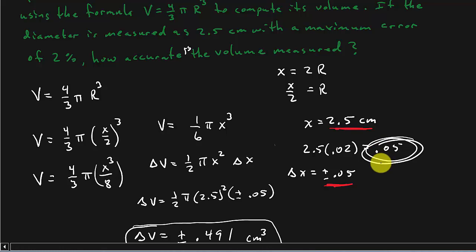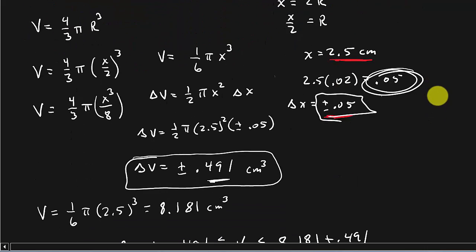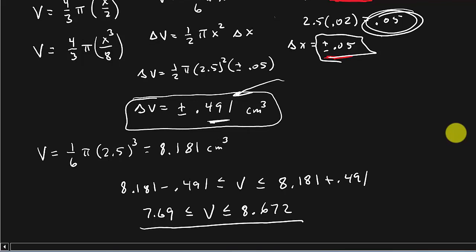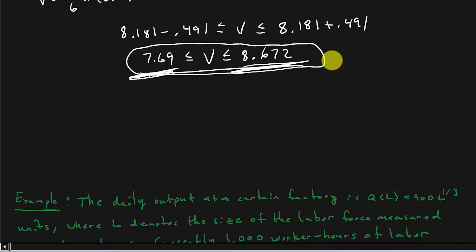We could be off by 0.05 too much or 0.05 too little. So let's say our measurement's off. How off is the volume going to be? Well, the volume's going to be off by that amount, and we would get a measurement between these values here. Okay, I hope that made sense.